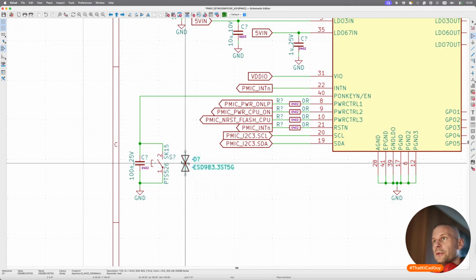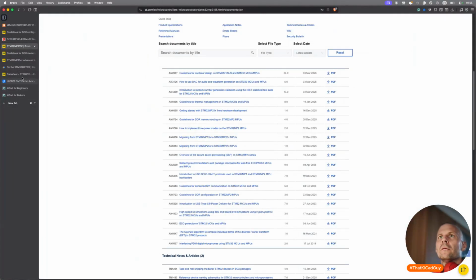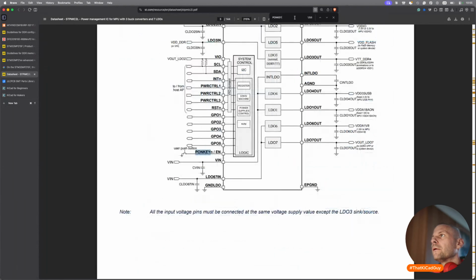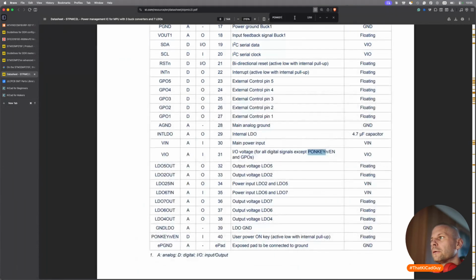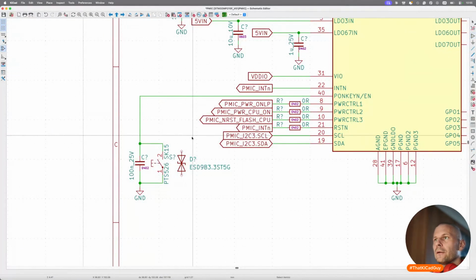3.3 or bigger. PON key. Push button. VIO, which is 3.3. Okay.